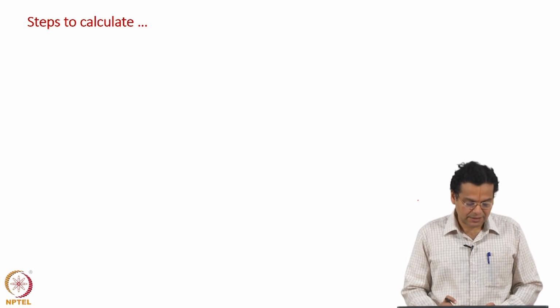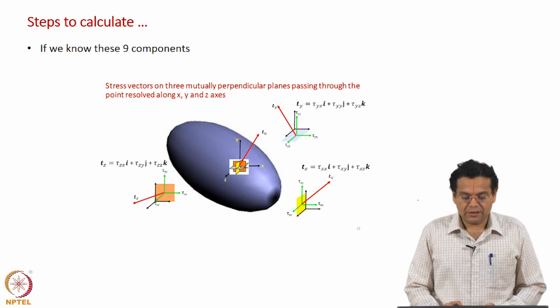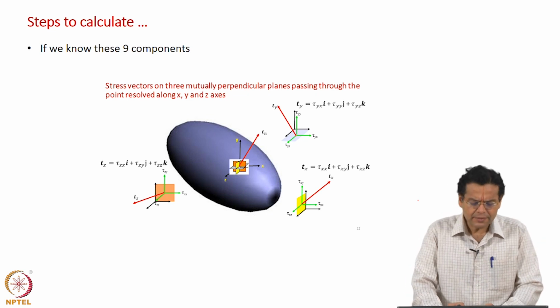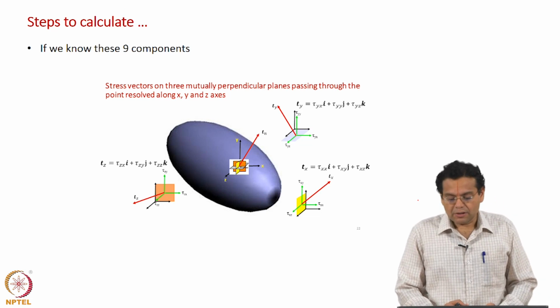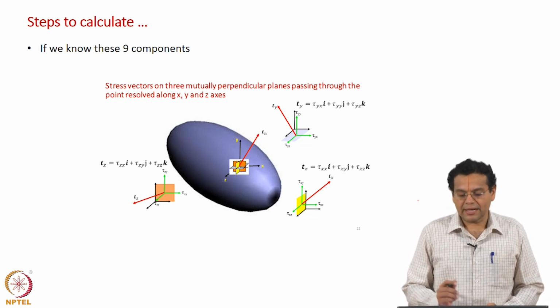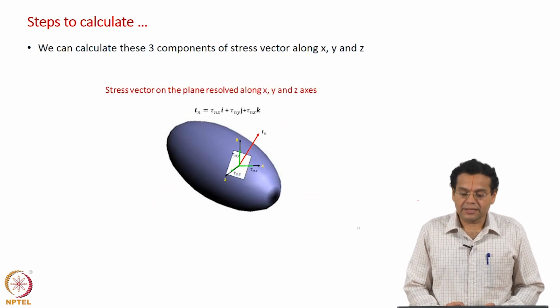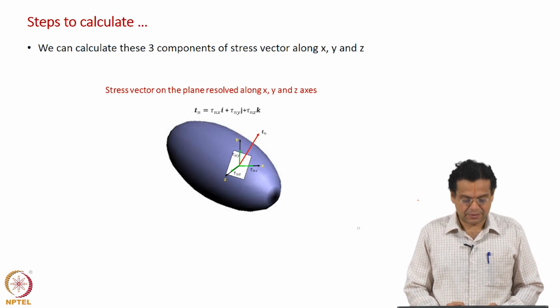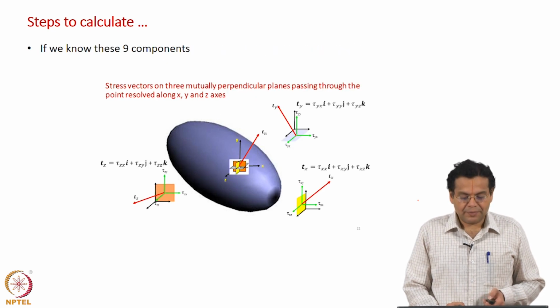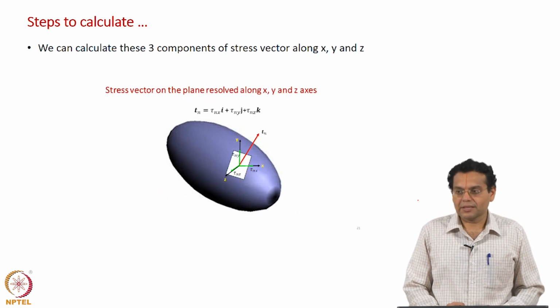We said if we know these 9 components, which are the components of stress vectors acting on 3 planes parallel to the coordinate axis, then we can calculate these 3 components of the stress vector, those components along the xyz axis. So, this is what we are going to do now, how to relate these 9 components to these 3 components. That is the first step.